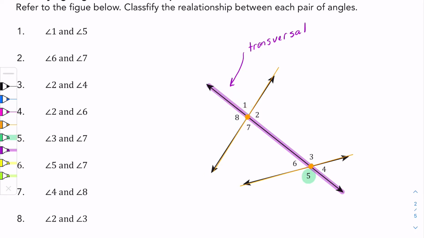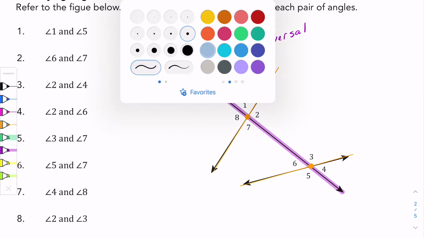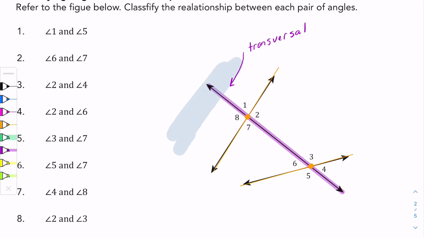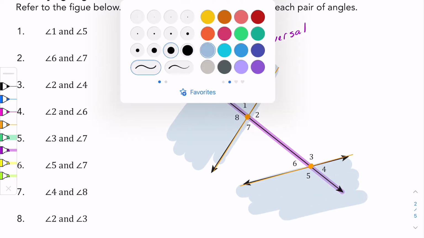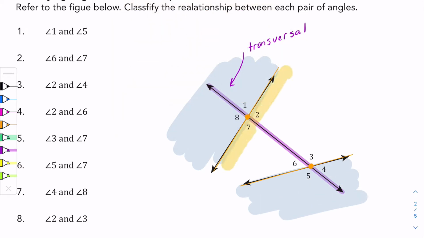Give me 1 second on that. And everyone should be able to easily see what's exterior and what's interior. It is definitely helpful if you shade, but as far as identifying them, you should be able to.